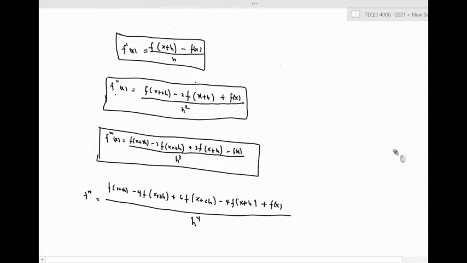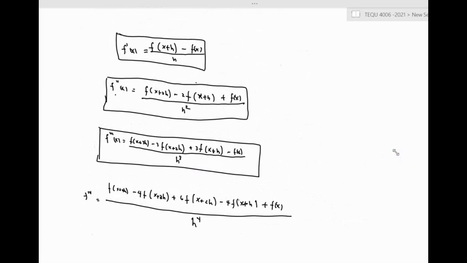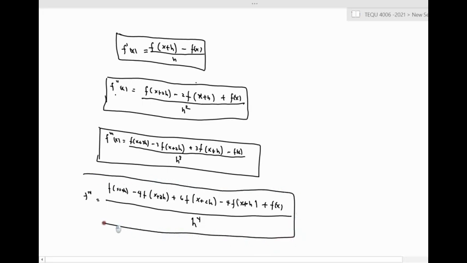The idea is to have it like that, so that you can now take them to Excel and do whatever you have to do. There we go.